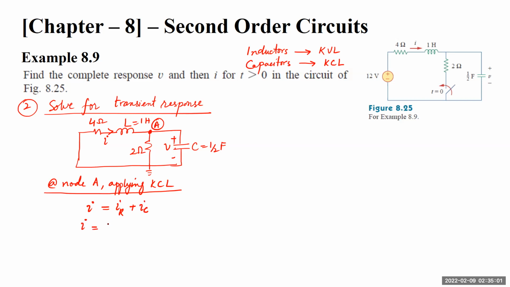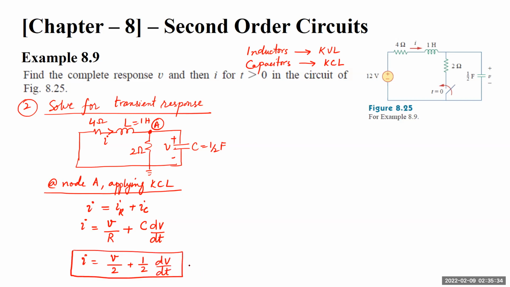I as it is. Basically this node voltage V appears across this R, so IR is V divided by R, plus IC is C times dV by dt. So this is my equation when I apply KCL at node A. Simplifying it: V divided by resistance 2, plus capacitance 1 by 2, dV by dt. So this is my first equation for this circuit, right?